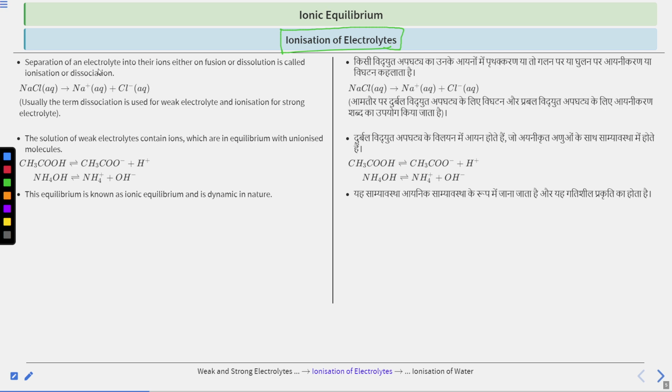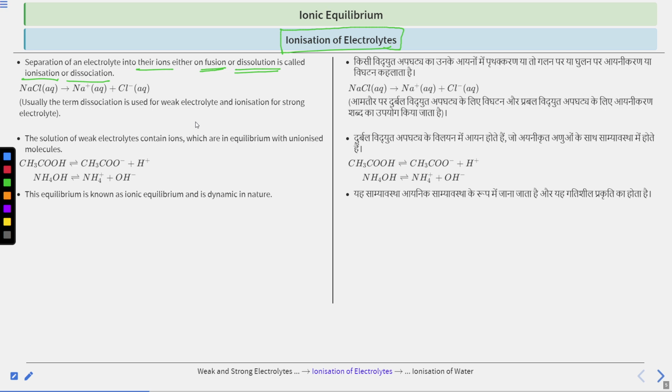Separation of an electrolyte into its ions, either on fusion or dissolution, is called ionization or dissociation. Fusion means two things are combining, making a single thing. Dissolution means one thing is dissociating into two things.